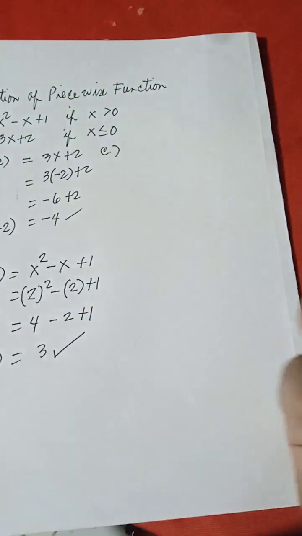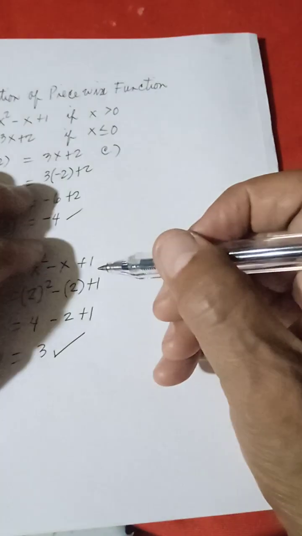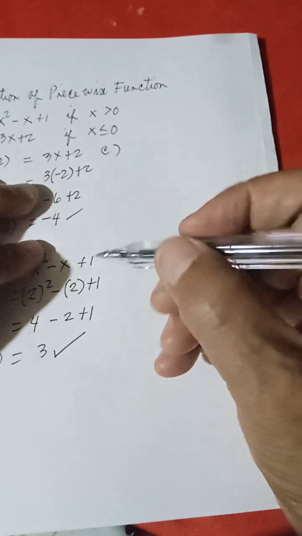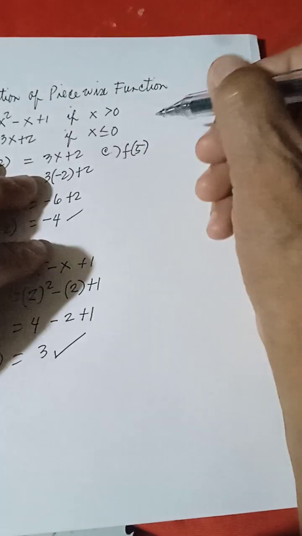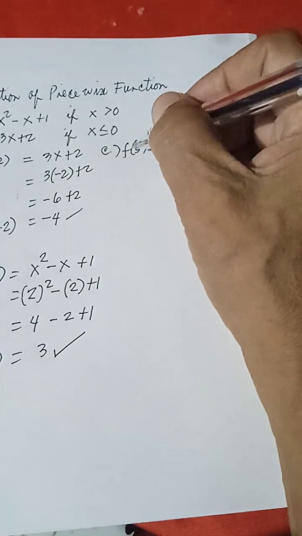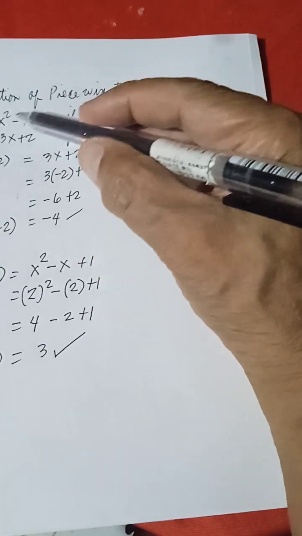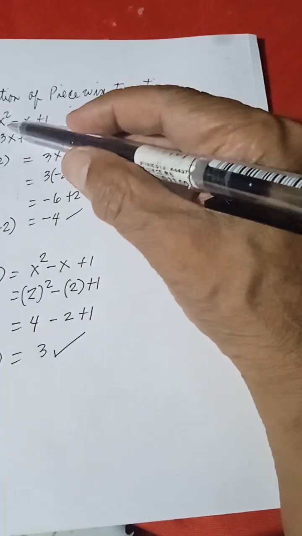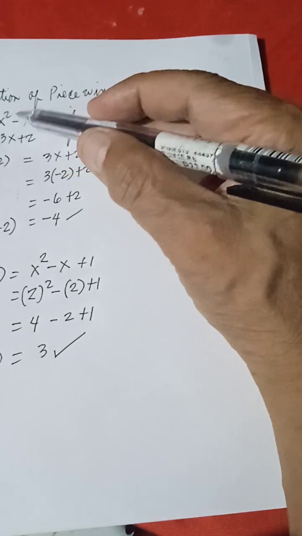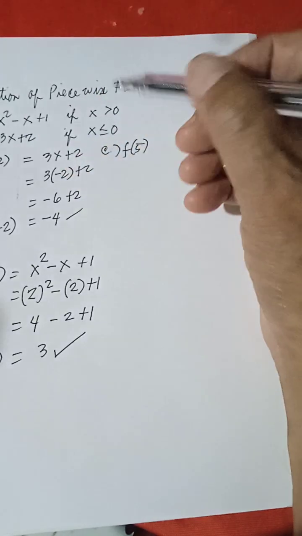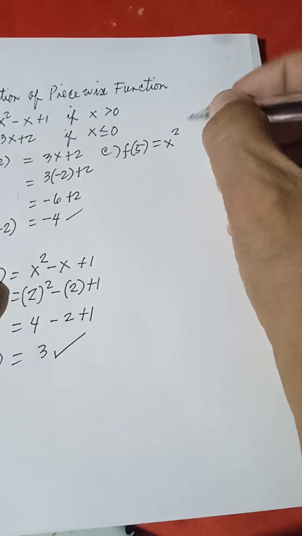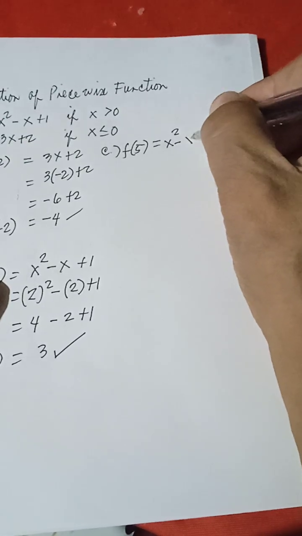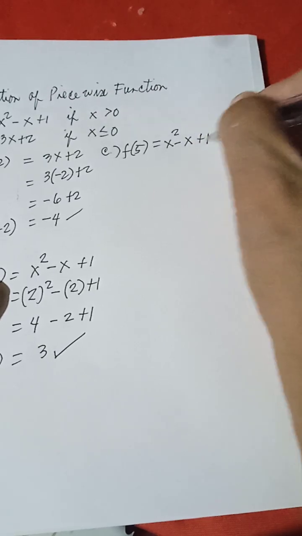Next, letter C, f of 5. Since 5 is greater than 0, we will make use of the sub-function x squared minus x plus 1.